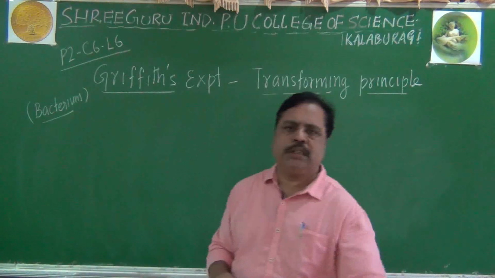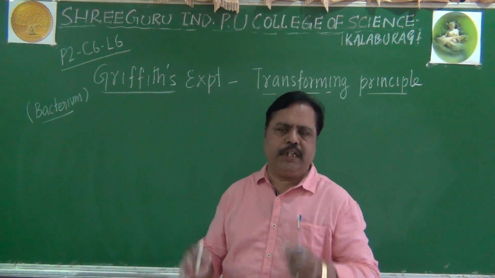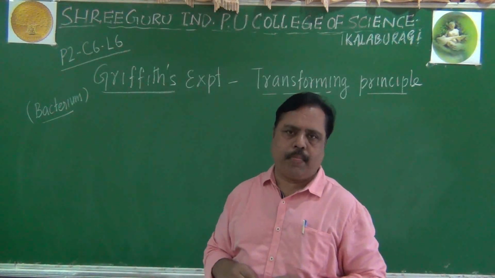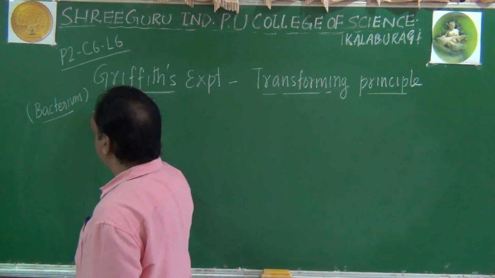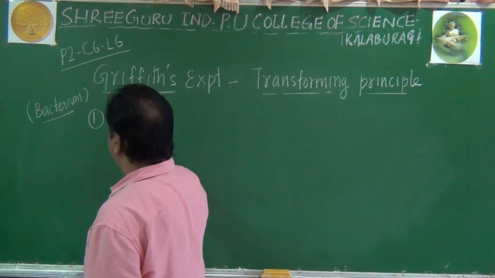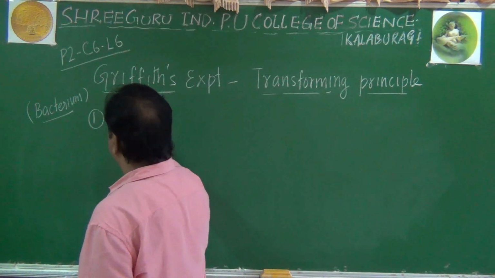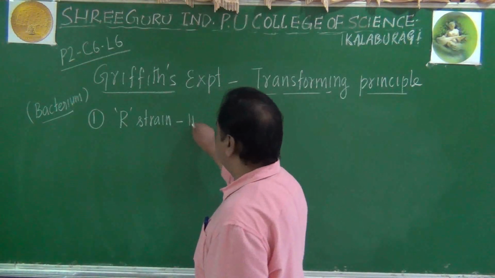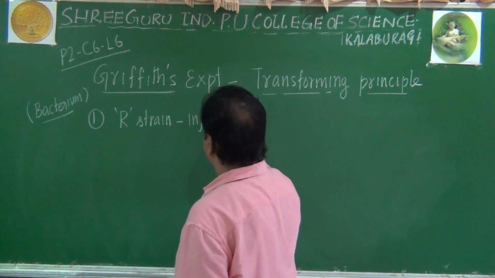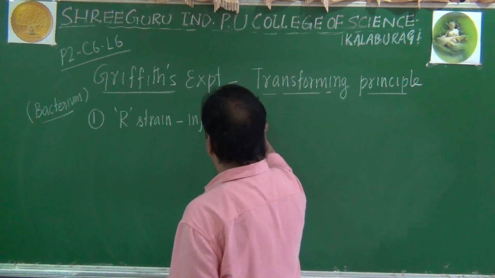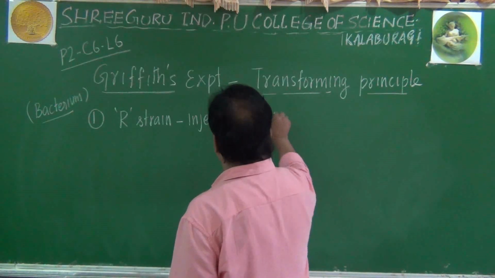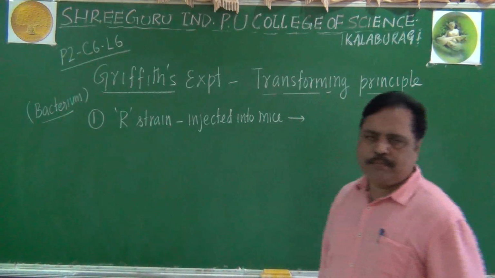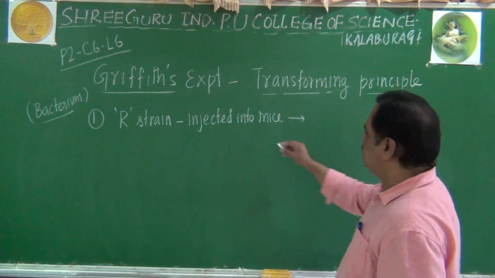He did a series of experiments, a chain of experiments, related to this pneumococcus bacterium. The first point we have to remember here is that when the R strain is injected into the mice, a mammal, it did not cause disease.